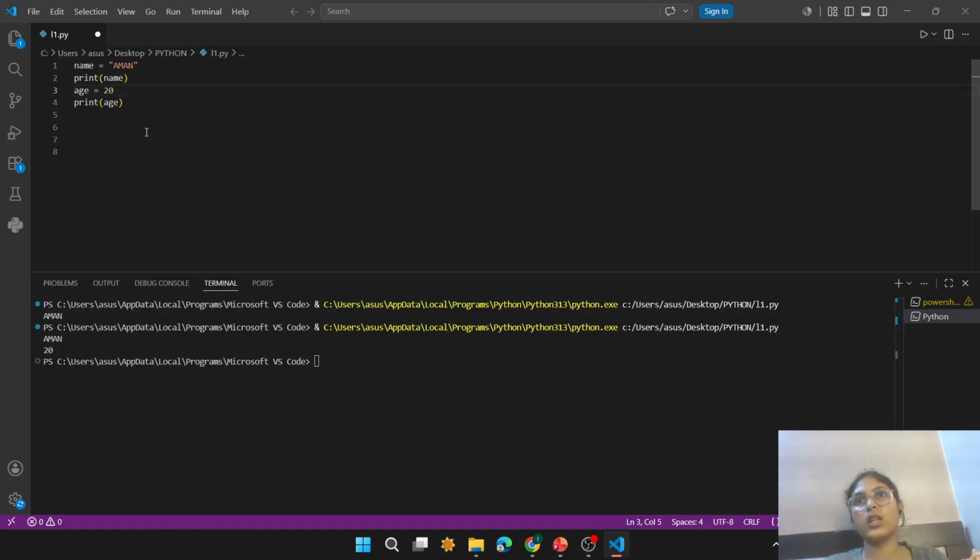Now, the question arises, why do we need variables? Imagine Instagram. Every user has a name, followers, a username, a following, a bio, posts, comments, profile pictures. Can Instagram store all of this information without variables?